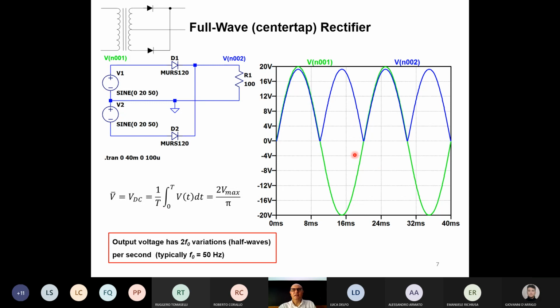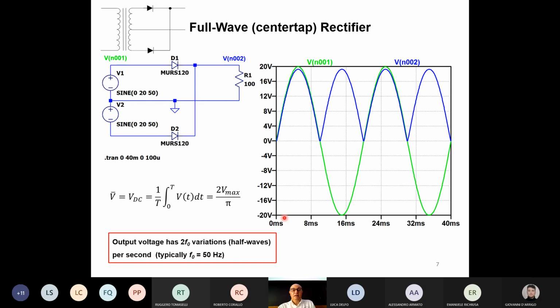That's very easy to understand. We simply have doubled the area of this curve here, so we have an average voltage which is 2 times. This output voltage is still pulsating, so there are pulses. It's not a perfectly DC voltage, but it's more similar to a perfect DC voltage than the situation that we had before.